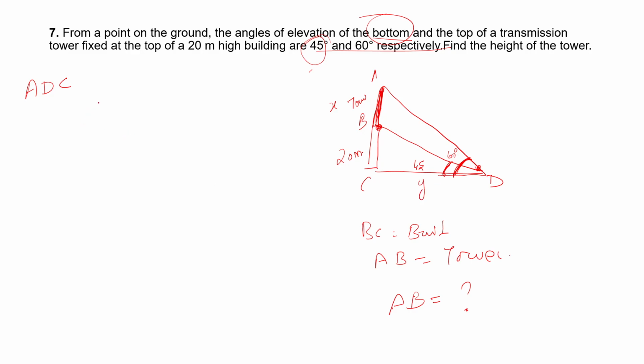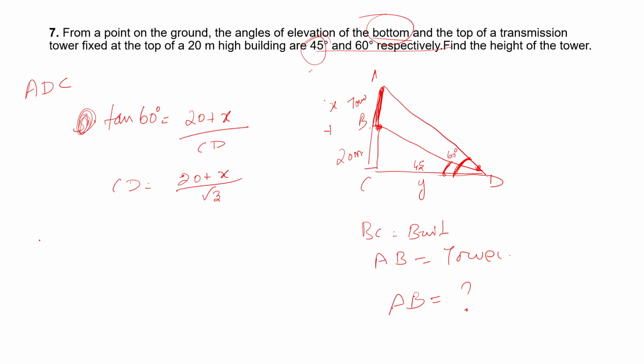So I'll take tan. Tan 60 is the tower height, 20 plus x, divided by CD. Now CD is equal to, what is the value of tan 60? Root 3, so this will come in the denominator.